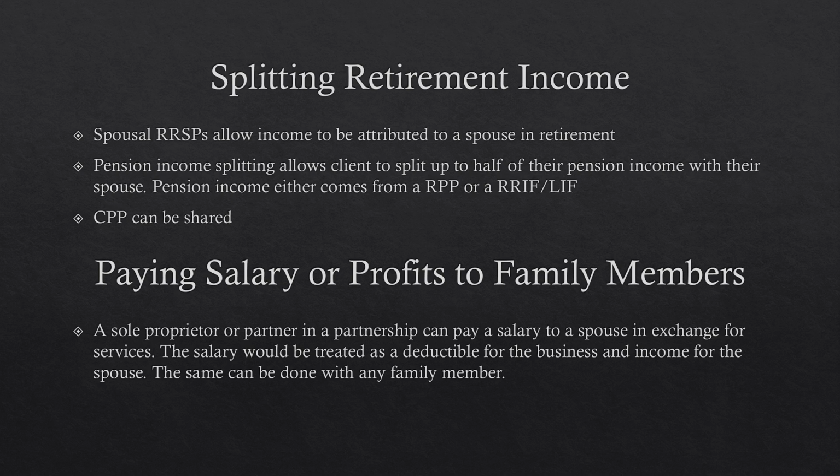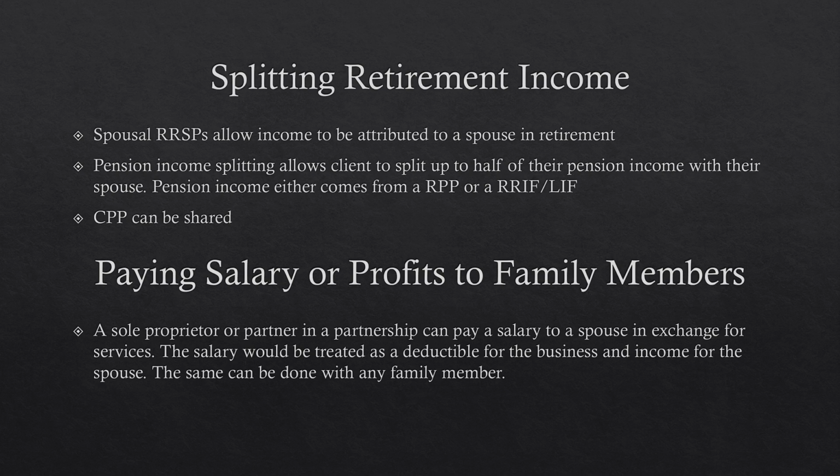Pension income splitting allows clients to split up to half of their pension income with their spouse. Pension income either comes from a registered pension plan or a RIF and LIF. So you do have to be at least age 65 to have income from a RIF and LIF be considered pension income.